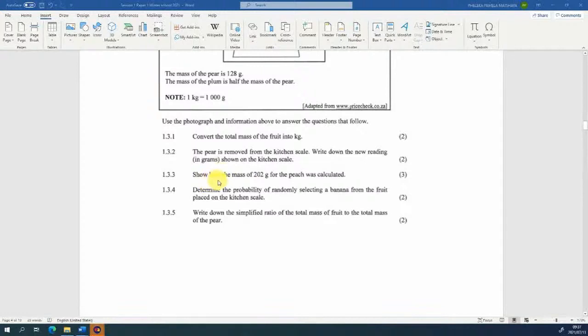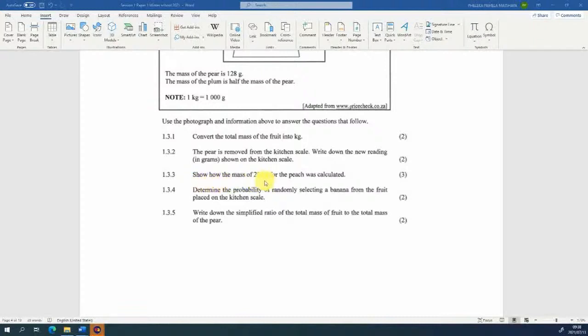1.3.3. Show how the mass of 202 grams for the peach was calculated. Show. So they give you the answer already. You just need to show them how you get to 202 grams. The word show is very important to understand.